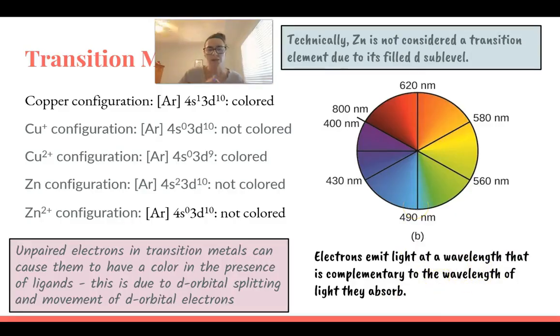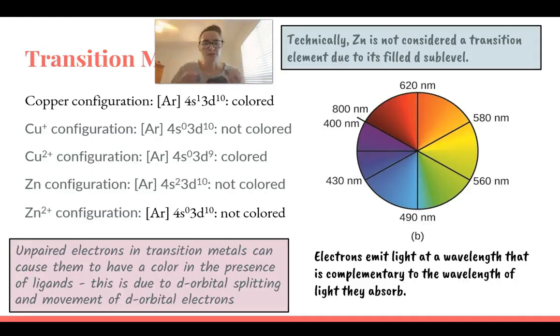Now, you might get a little confused at this because I told you that when electrons move to different energy levels, they absorb a certain amount of light and then release that same amount of energy, resulting in a specific color. So why in this case would electrons emit light that is complementary in wavelength to the light they absorb?